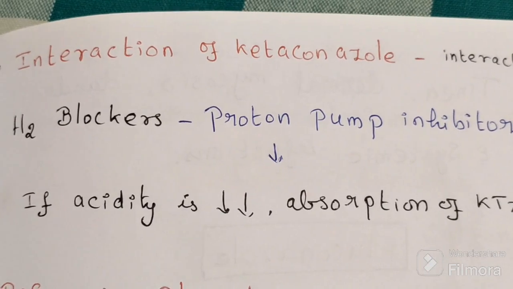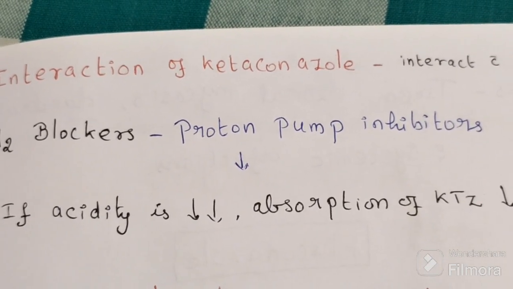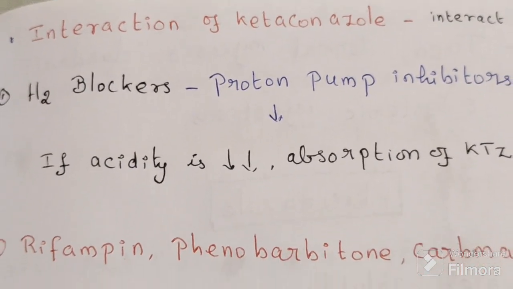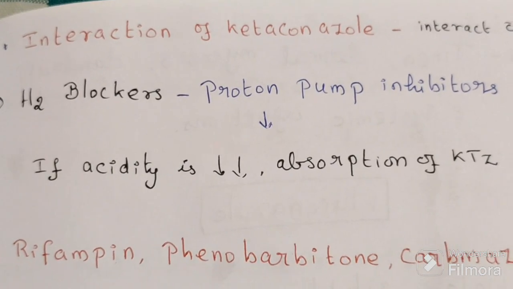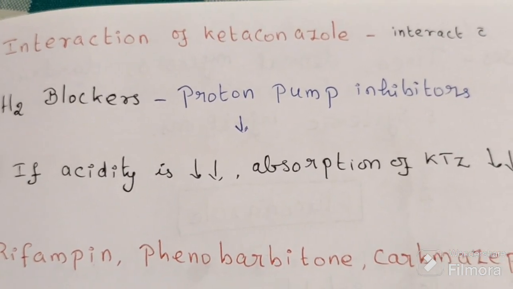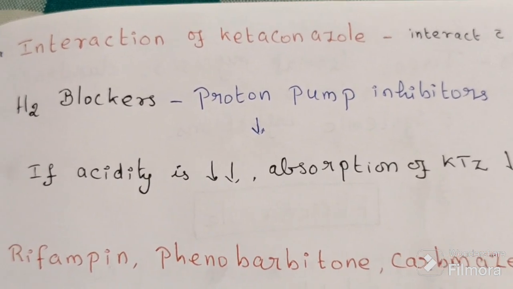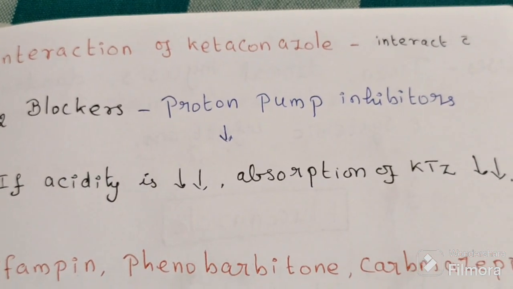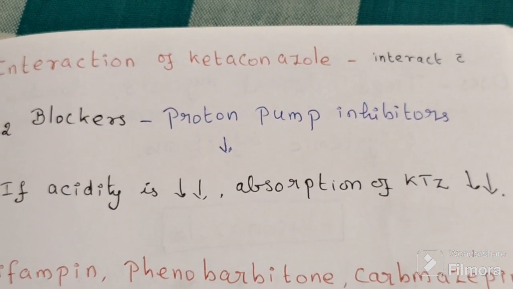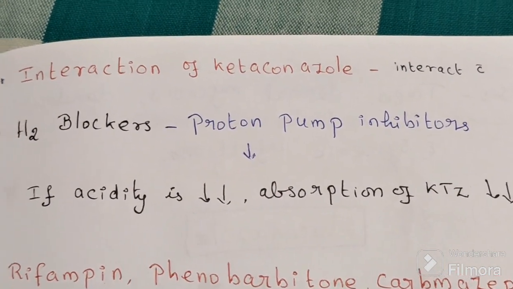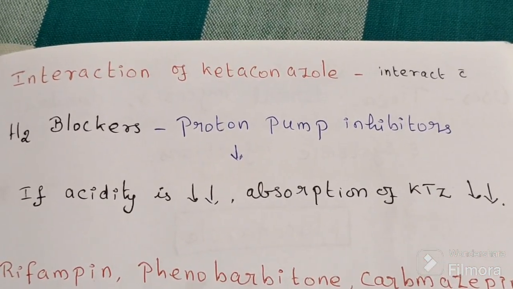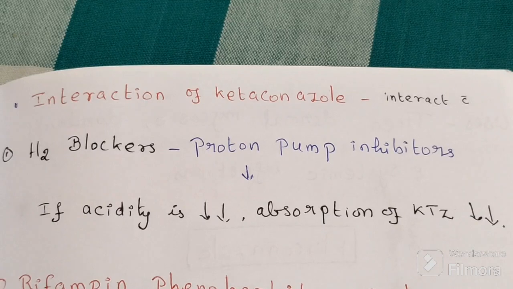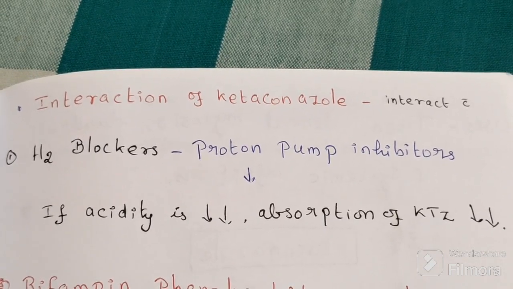Next, interactions of ketoconazole. Ketoconazole interacts with H2 blockers and proton pump inhibitors, which reduce the absorption of ketoconazole. These drugs are intended to reduce the acidity in the stomach.